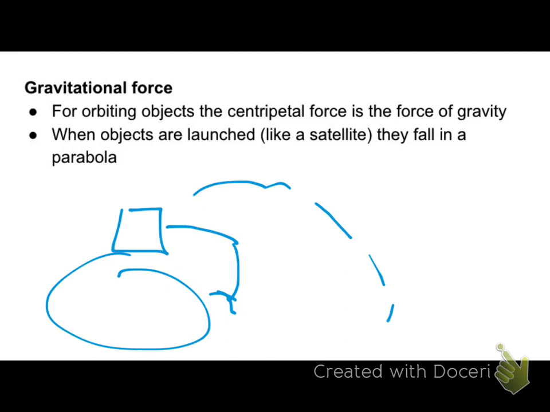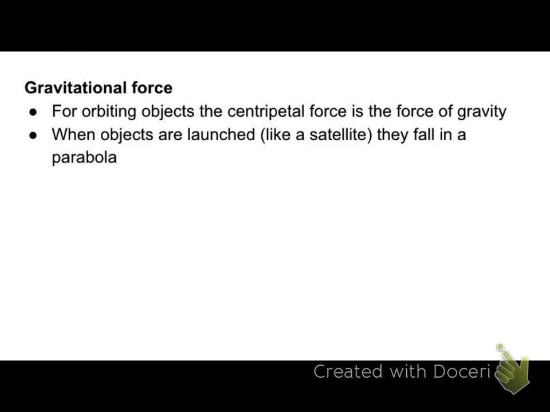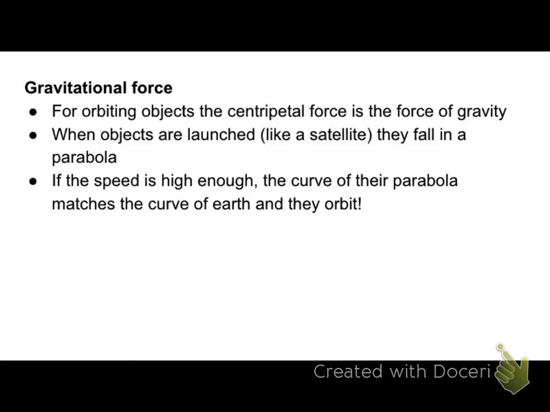We know what falling objects look like. Well, if the speed of that object is high enough, then the curve of its parabola will actually match the curve of Earth, which means it will be falling at the same rate that the Earth is falling away from it because of the curve of the Earth, and therefore it will just keep falling perpetually from then on.